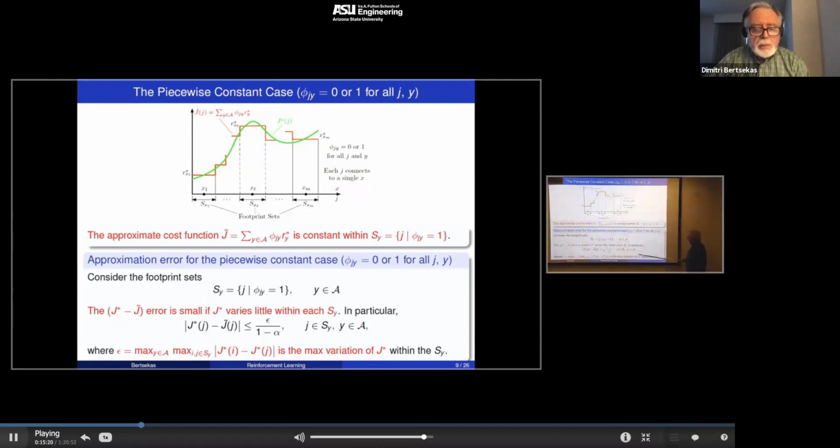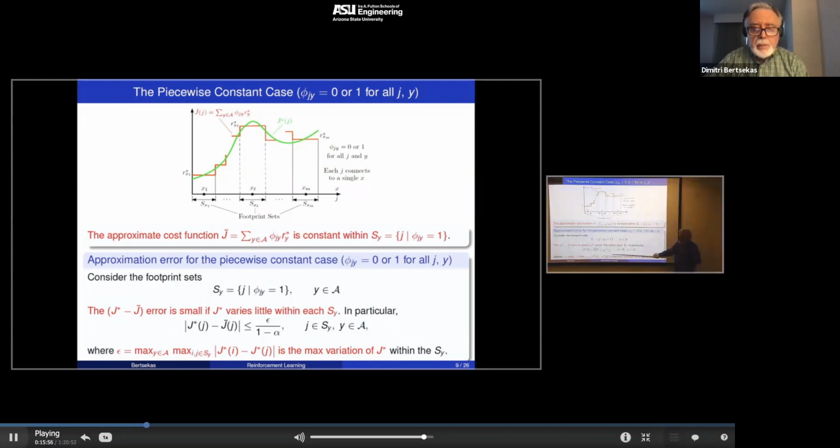So look at this bound here. If epsilon is the maximum variation of J over all these footprints, okay, so look at this particular footprint and look at states, look at the maximum variation within here, the maximum variation over all of those, and let's call this epsilon. Then J tilde produced by the aggregation scheme is within J star with a bound of epsilon, but divided by 1 minus alpha, which I don't particularly like.